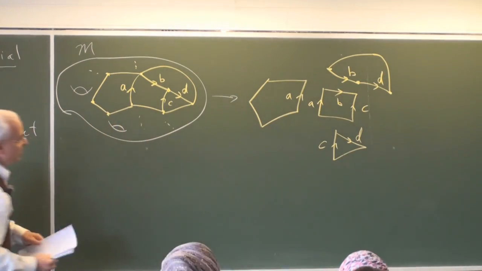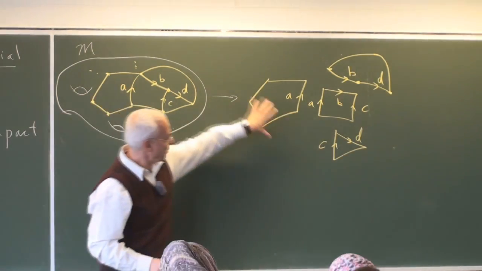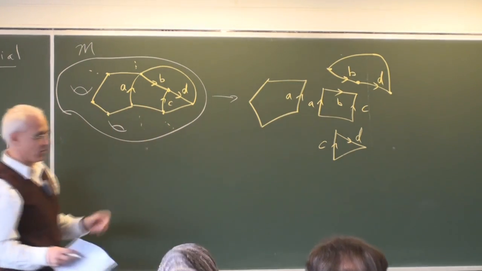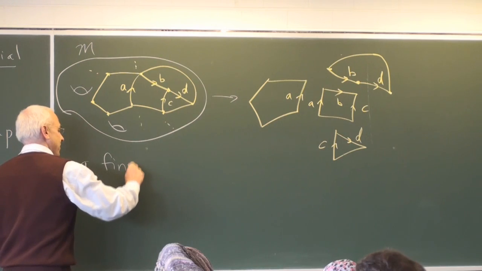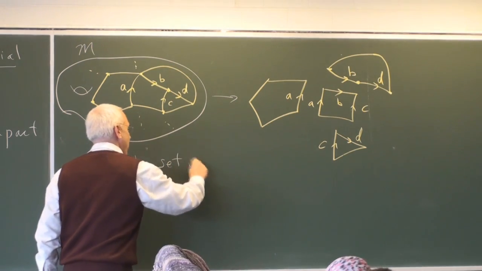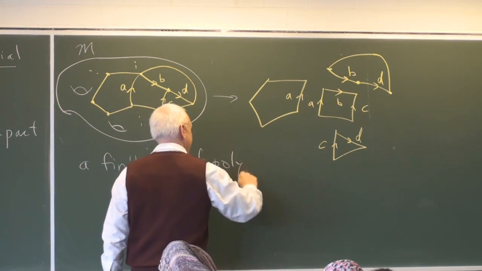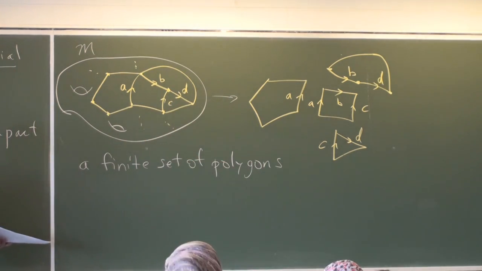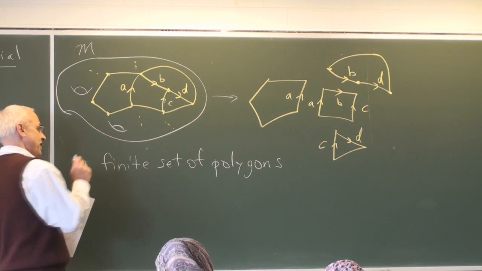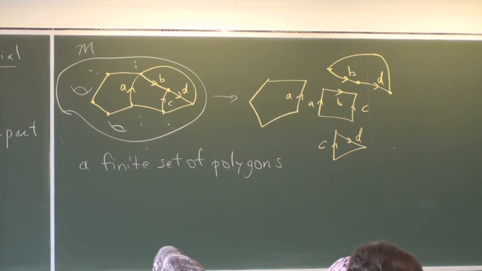Now, if we think rather about this pattern of polygons, what are the essential features? We have a finite set of polygons. Maybe we should say also what kinds of polygons.